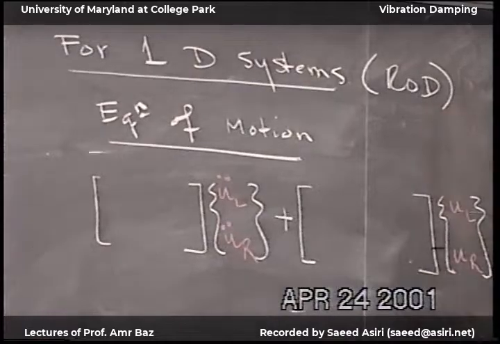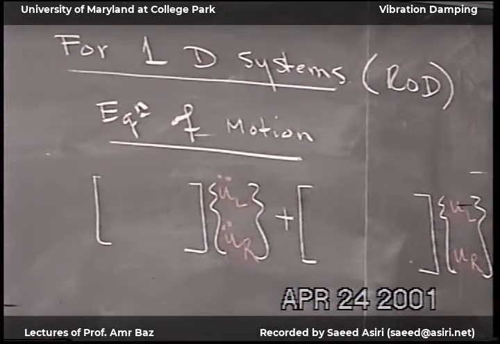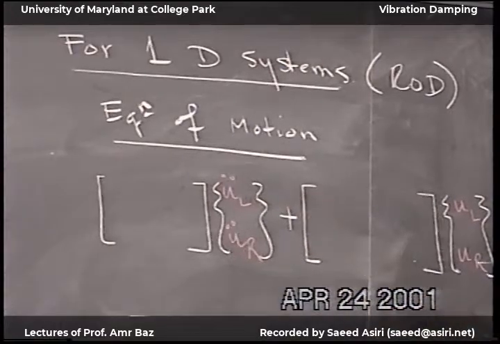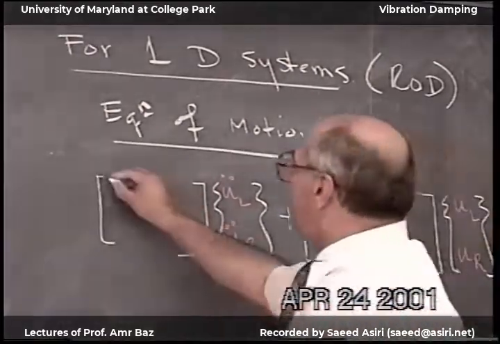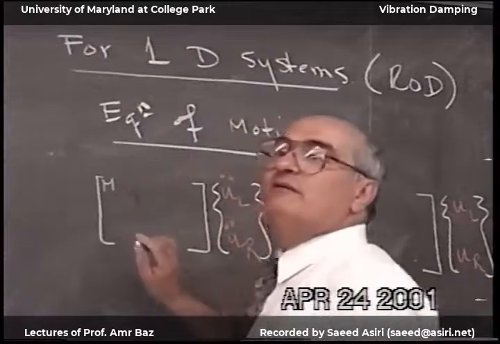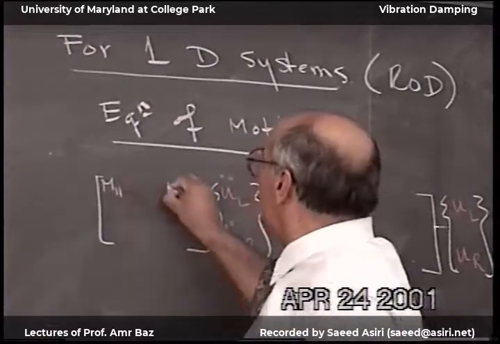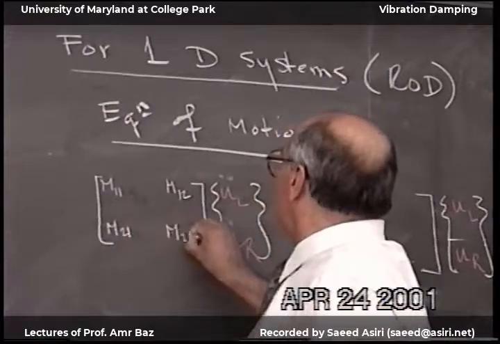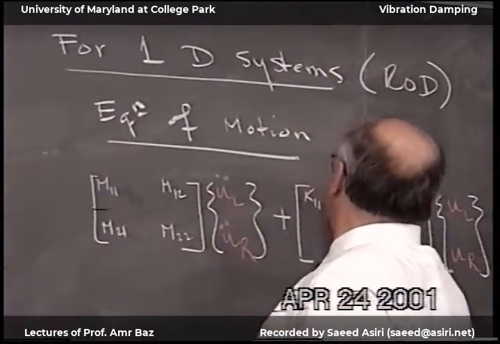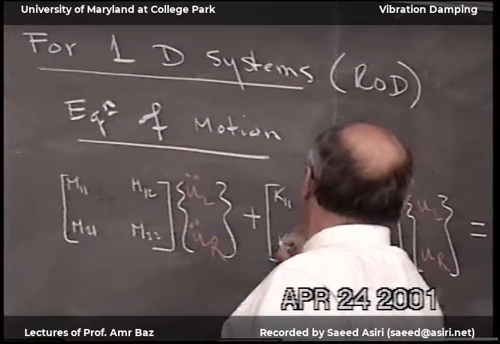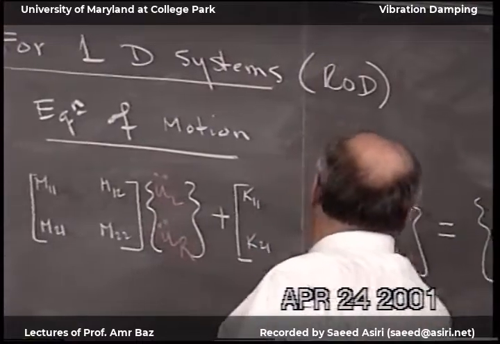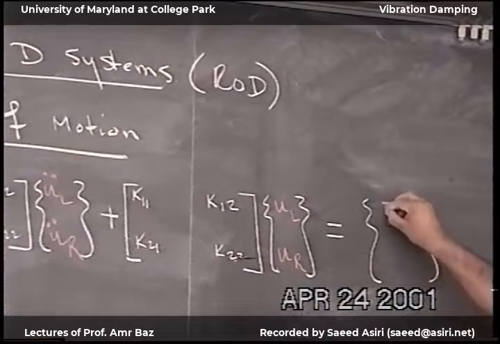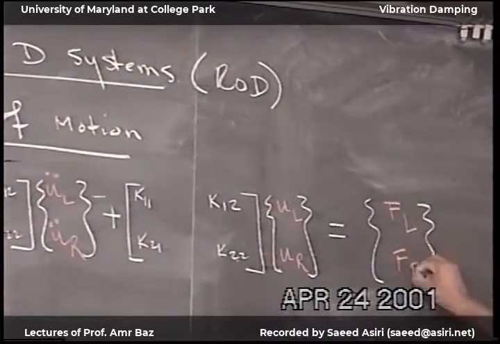Because the beam also is a one-dimensional case, but the matrices will be 4 by 4. Okay, so now the mass matrix will look like this, M, and I'm going to write it like this, M11, M12, M21, M22. And then the same here, K11, K12, K21, K22. And then the final result is here, force on the left, force on the right.